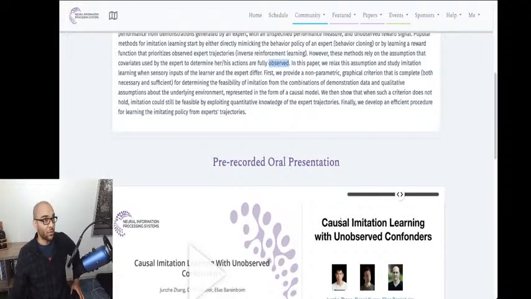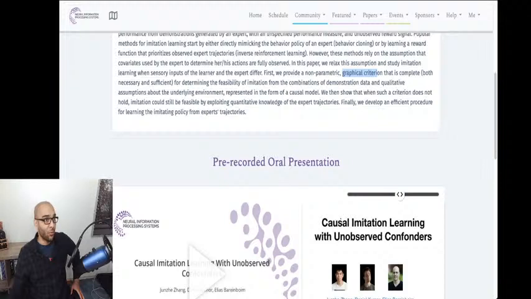All right, so I assume that qualitative assumptions are going to be this causal graph, and then we'll get a graphical criterion based on that causal graph that will be both necessary and sufficient to determine if it's even possible to successfully imitate the expert. These qualitative assumptions are represented in the form of a causal model.